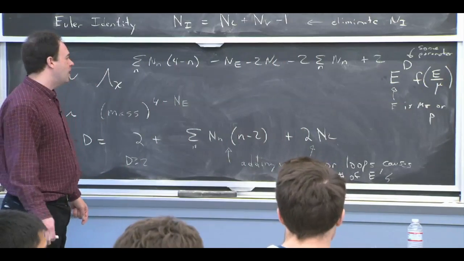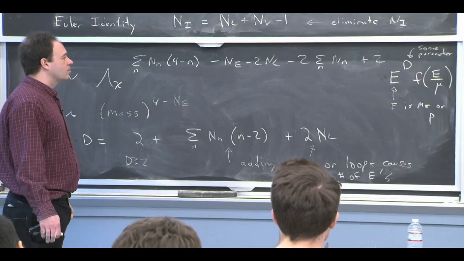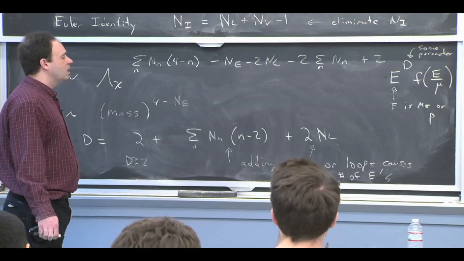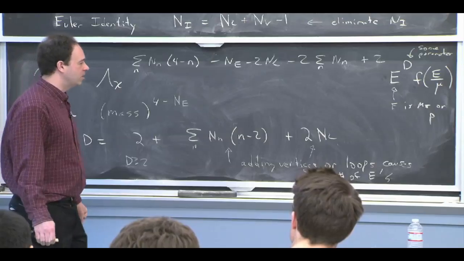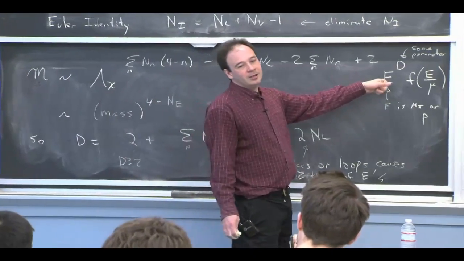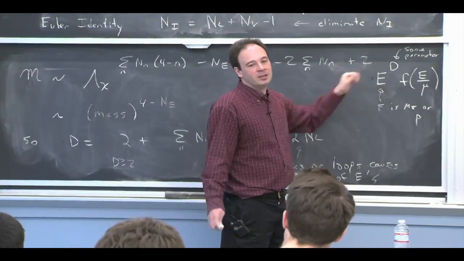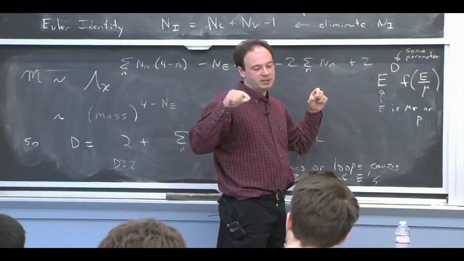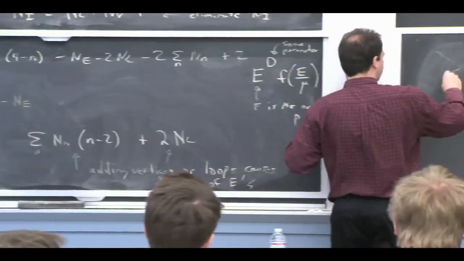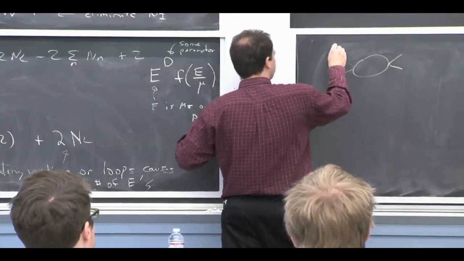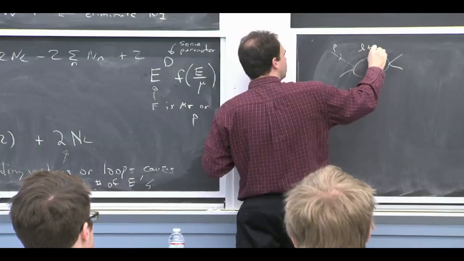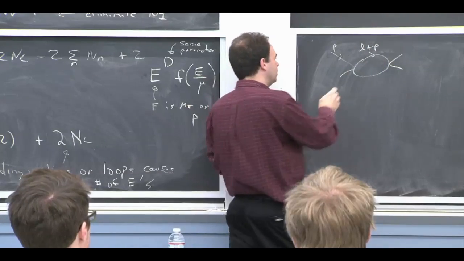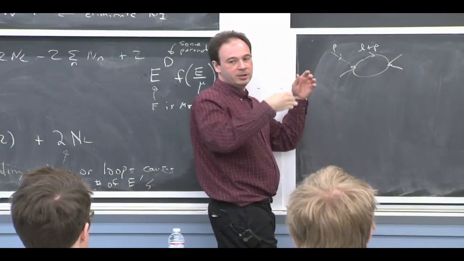Right. Can you give an example of a calculation where I would see exactly what that is? Yeah. So if you did this loop calculation we did a minute ago, we got a p to the fourth, and then d would be 4. And those p's came from where? Oh, they came from the momentum going into the loop. So if you looked at this diagram, there's p coming in here, and then it goes into the loop. And this is derivatively coupled, so you get p's in the numerator.